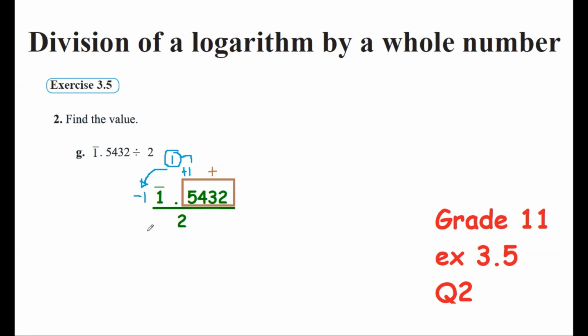So here, now we can write our new number. Our new number is bar 1 and another bar 1 is added, so it makes bar 2. +1 is added, so it comes 1.5432 divided by 2.